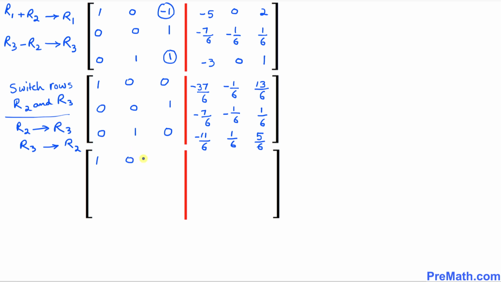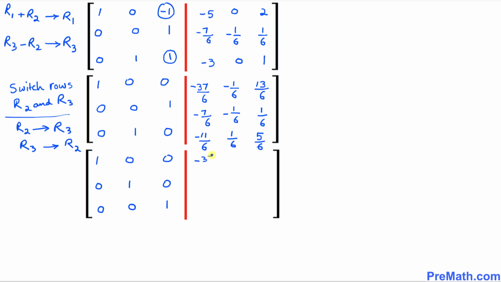So 1, 0, 0, the top row stays the same. Rows 2 and 3, we're going to switch them. So this becomes 0, 1, 0, and then 0, 0, 1. On the right-hand side we are going to do the same thing.